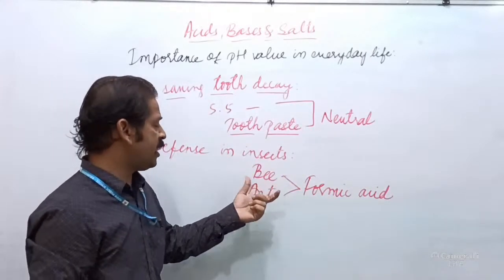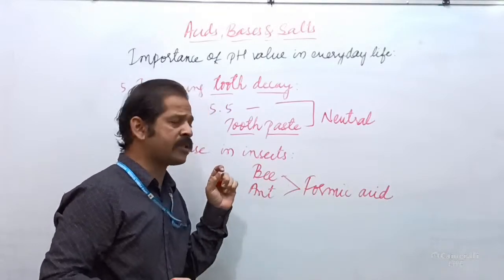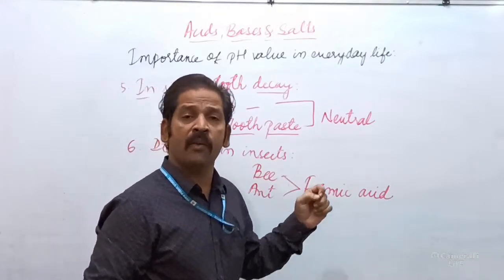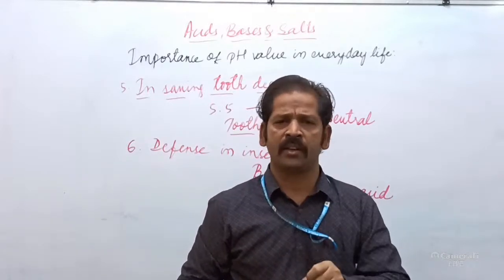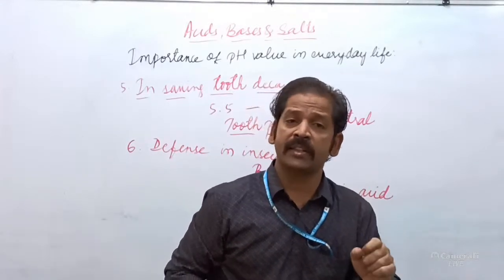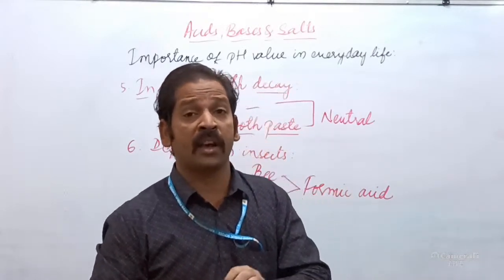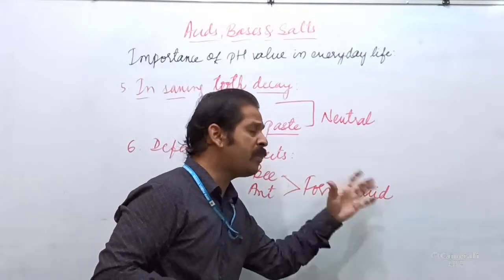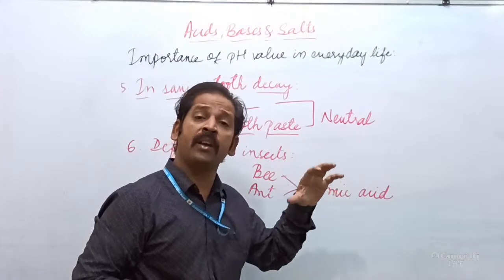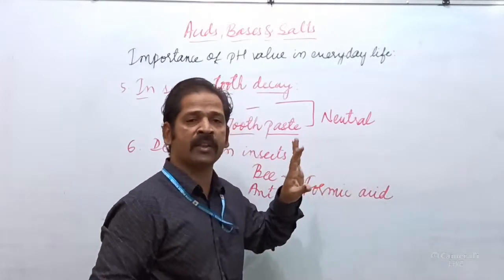Whenever bees bite us or an ant bites us, the quantity of formic acid in an ant will be very small. Still, it creates an irritation for human beings, and the quantity of formic acid in the bee sting will be more. Automatically, it creates a lot of trouble for us.